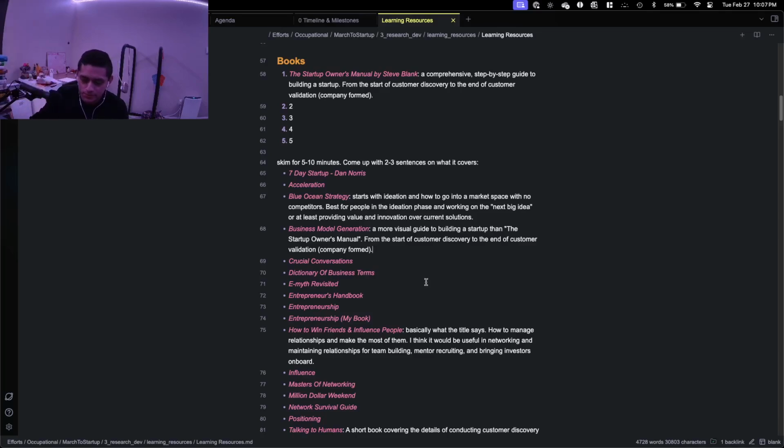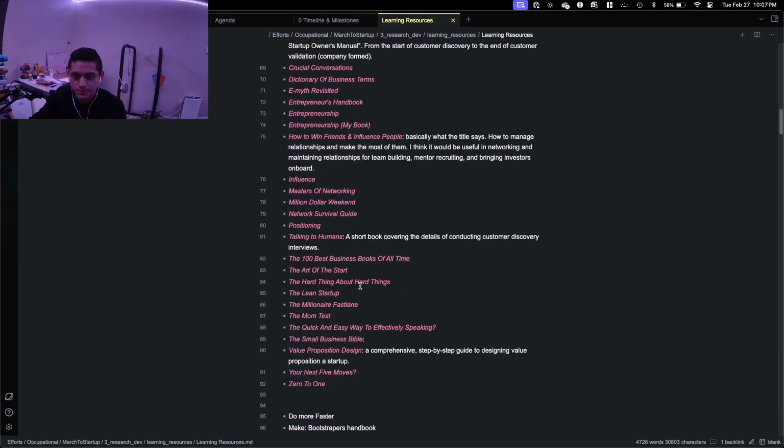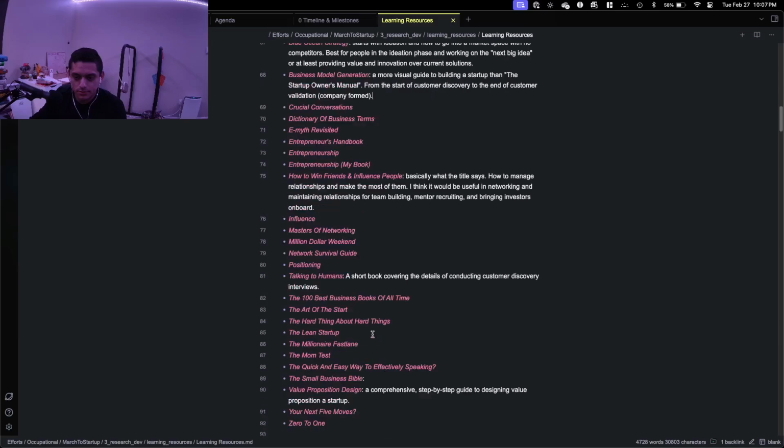Next book, The E-Myth Revisited. So in this book, it says this book is the entrepreneur. At first I thought E-Myth meant like e-commerce. So it's actually about entrepreneurship. The entrepreneurial myth, the myth that most people who start small businesses are entrepreneurs.